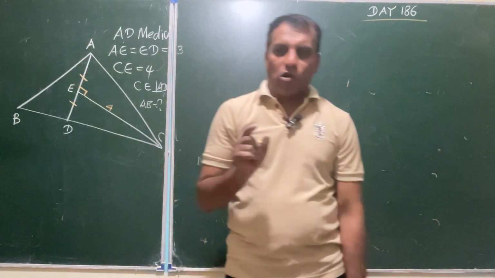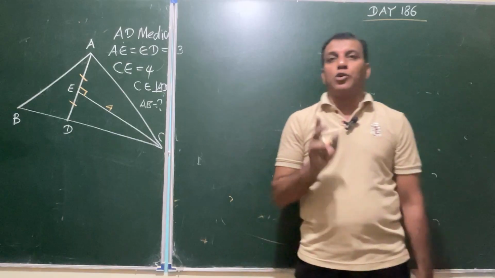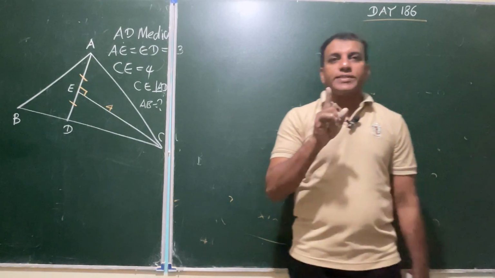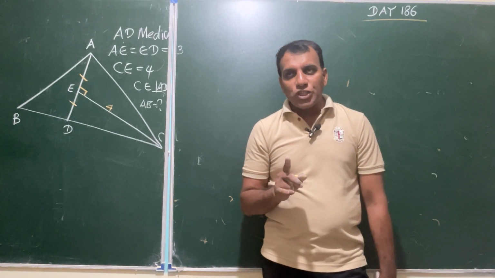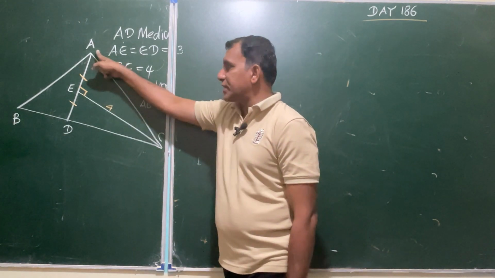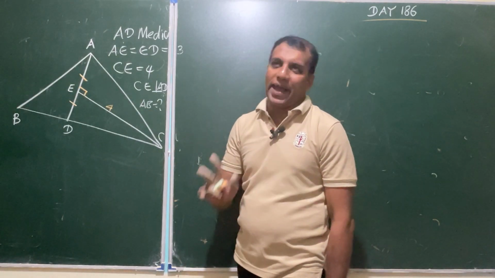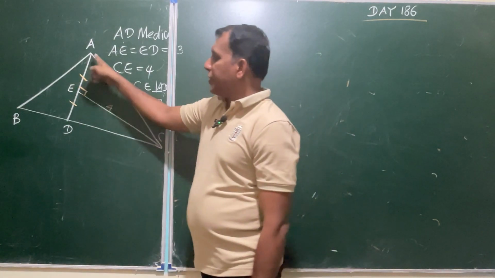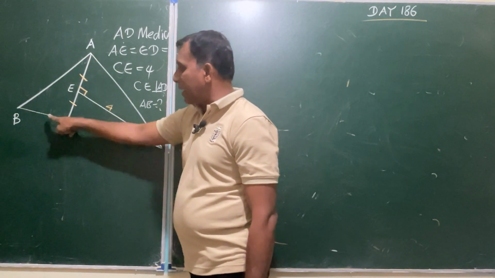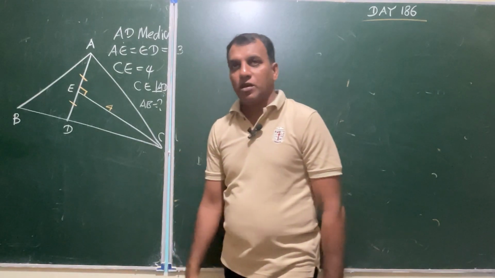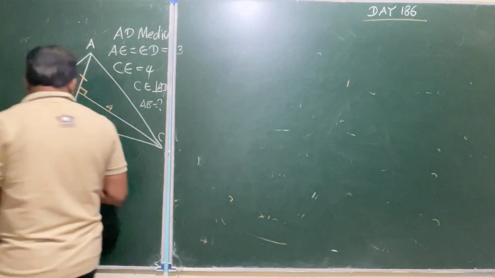What is the median of a triangle, or of statistics? The median of a triangle is the line joining one vertex to the midpoint of the opposite side of the triangle.